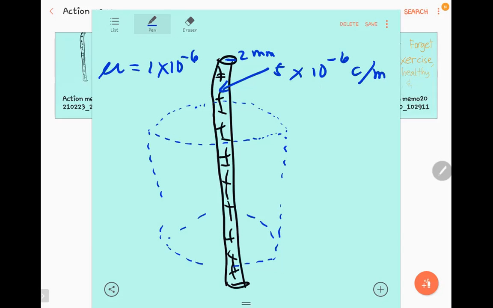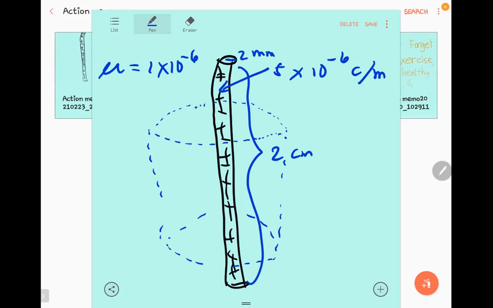Okay? And then, we need to find the charge if we have only 2 meters. Okay, no, it's 2 centimeters, I should say. 2 centimeters, right? 2 centimeters long, okay?